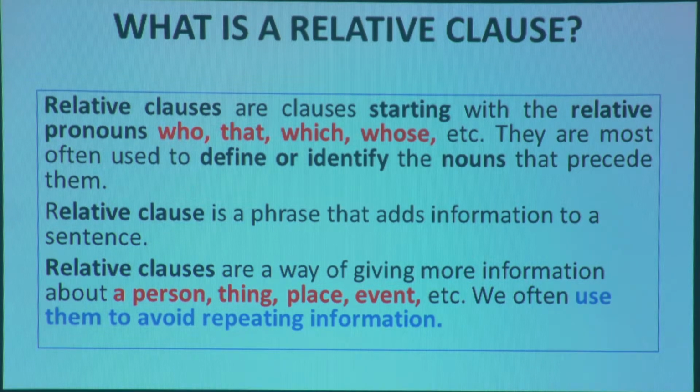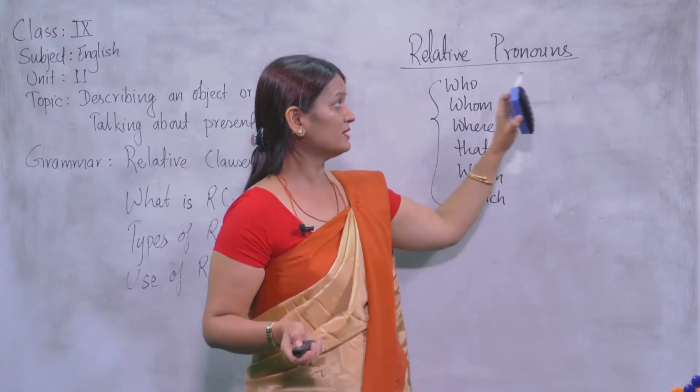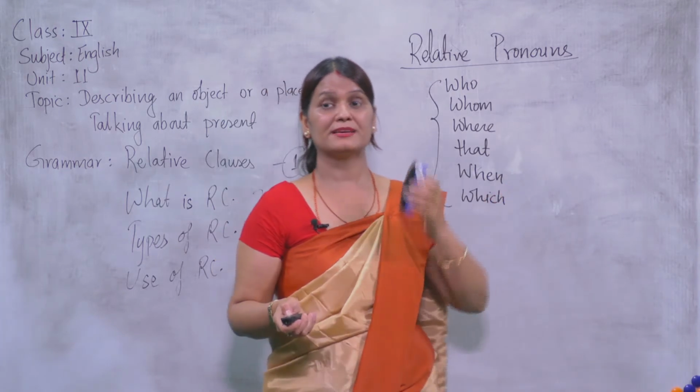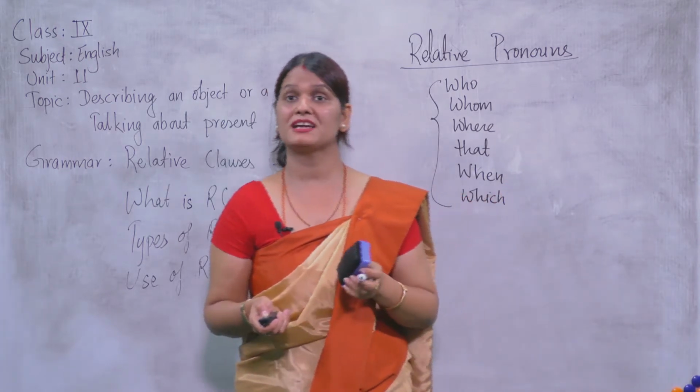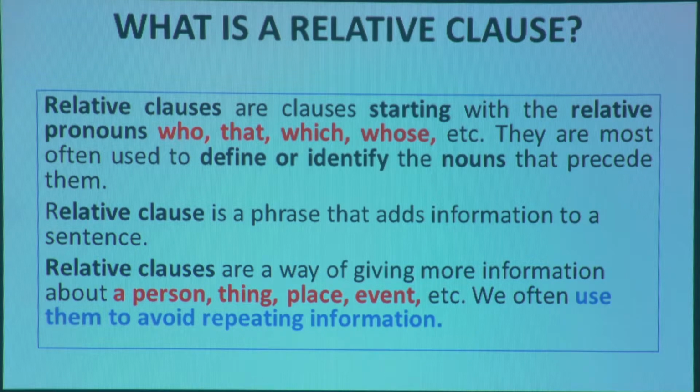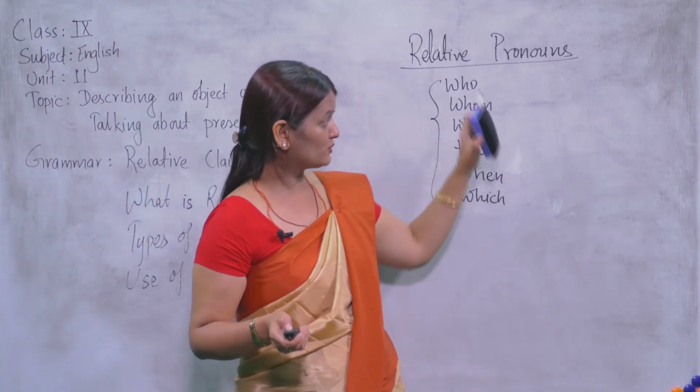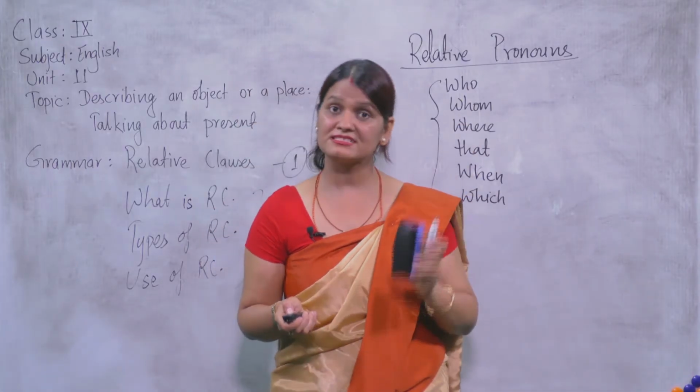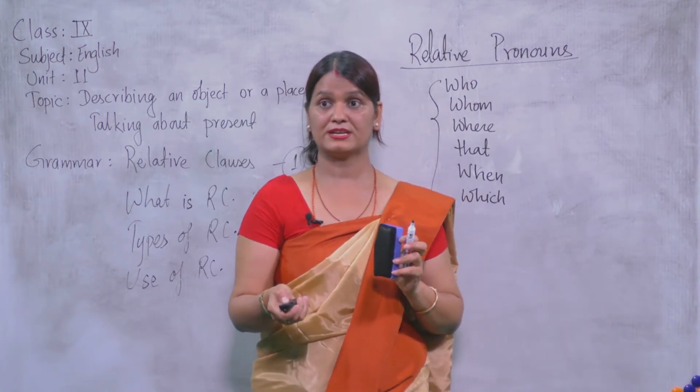I told you that using these pronouns with clauses, we give more information. Okay, sometimes we add essential information. Sometimes we give extra information as well. Why do we do so? So that we should not repeat the same information. Just look at that.